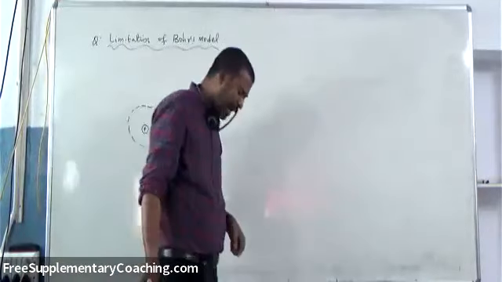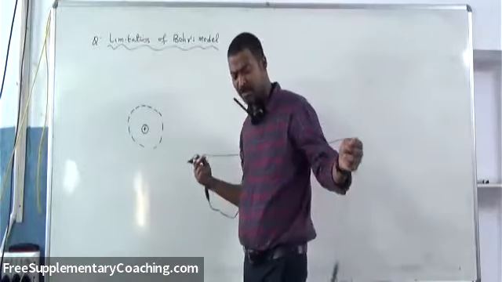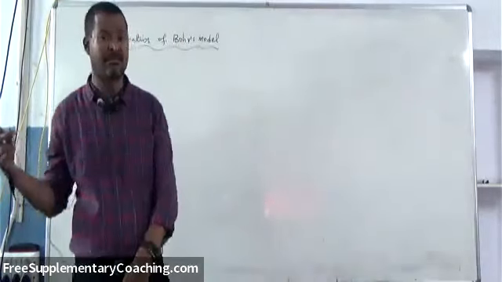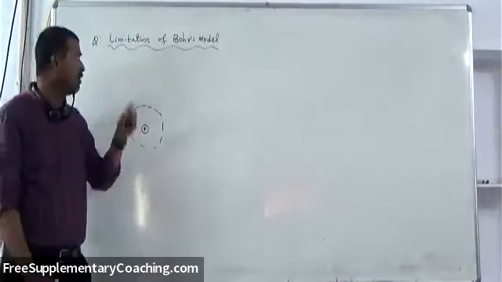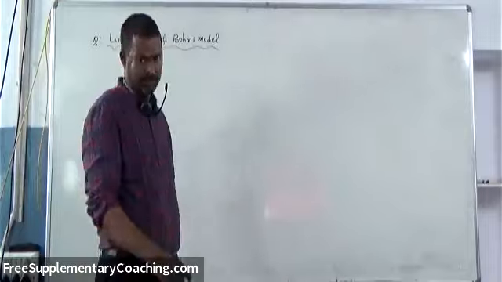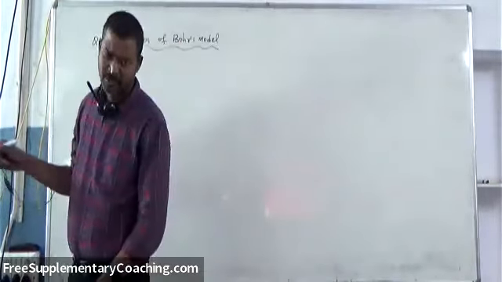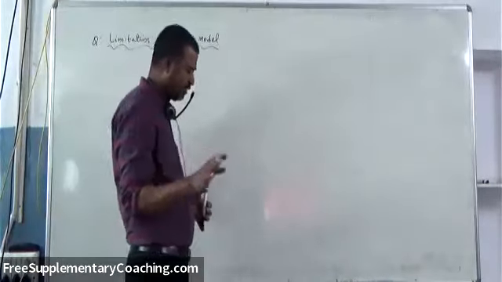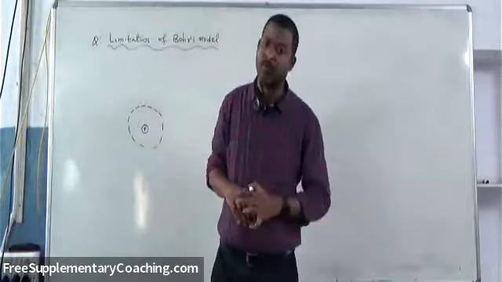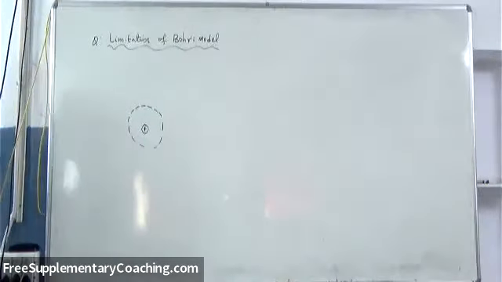And also, the different series of spectral lines emitted by the hydrogen atom are not explained by Bohr's atomic model for the hydrogen atom. So these four limitations we should write under the limitations of Bohr's model, right? One by one I will write on the board, you just note down.